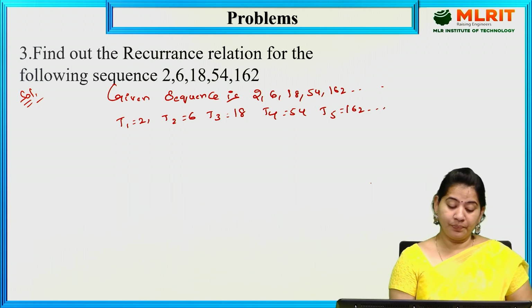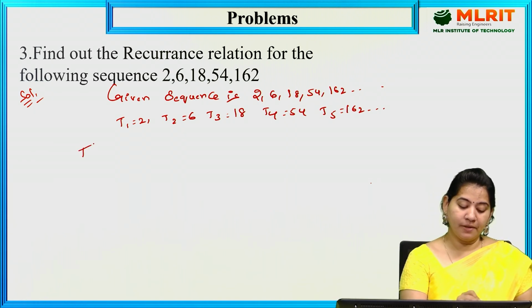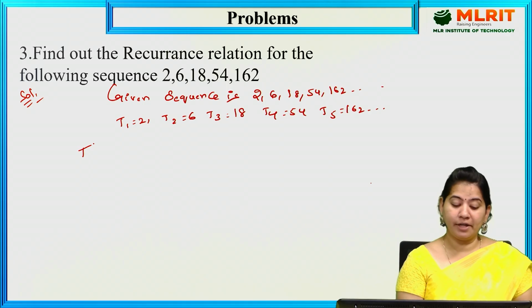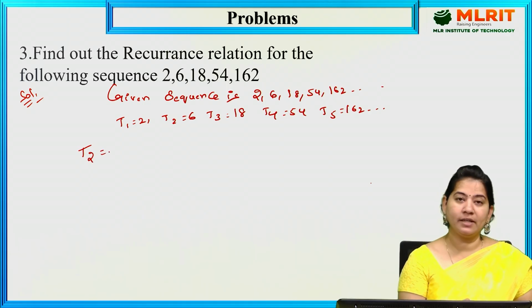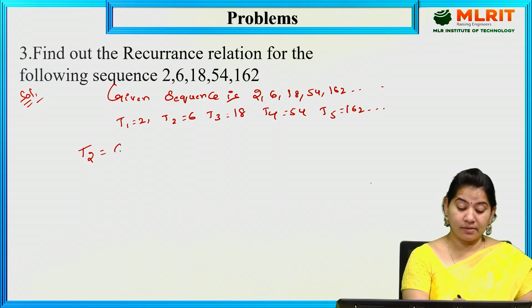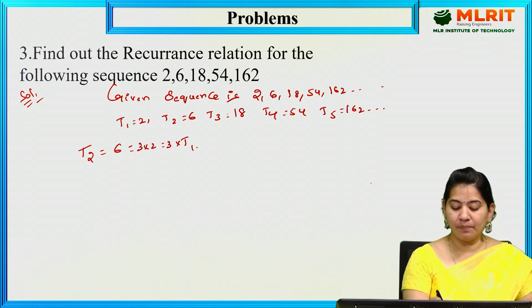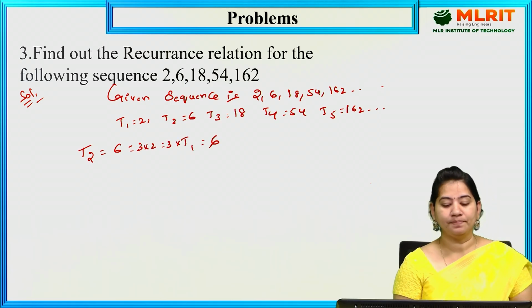So T1 is already 2. Let us take T2. T2 is equal to 6. How can you write 6? T1 is 2, so 3 into 2, which is nothing but 3 into T1, is equal to 6.